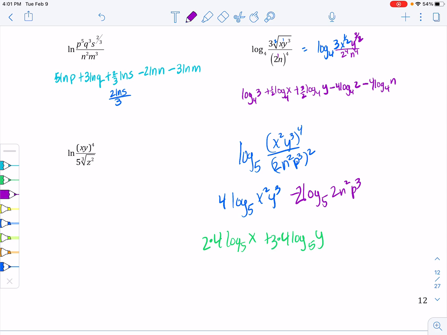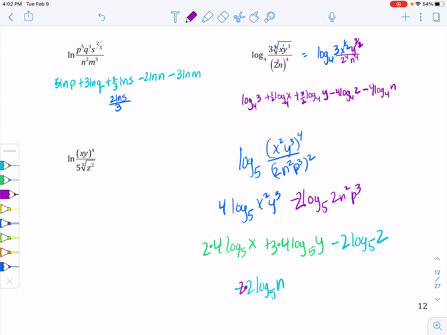And then here we've got these 3 being multiplied, so I need to split them. I'm going to keep the negative with each one of them because the negative 2 is here with this log. So we would get minus 2 log base 5 of 2. With the power of 2, there's 1, so I don't need to do anything extra with that. With the n, we would do minus 2 log base 5 of n squared, but the squared power gets multiplied out in front, so we have times by 2.